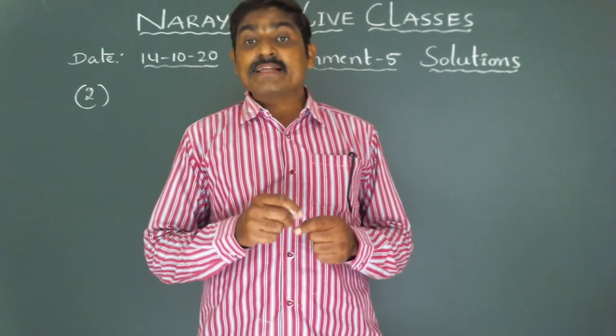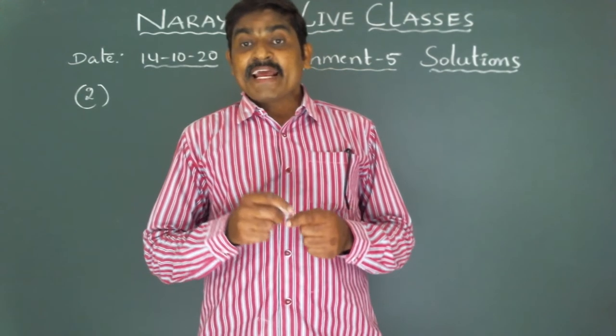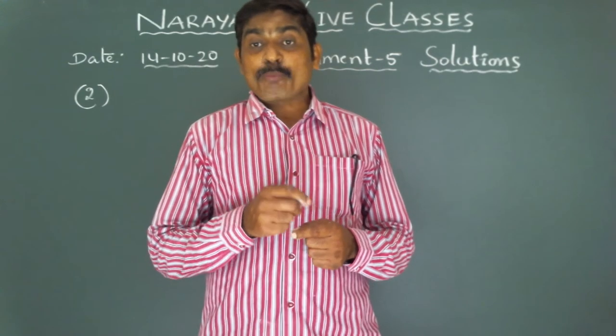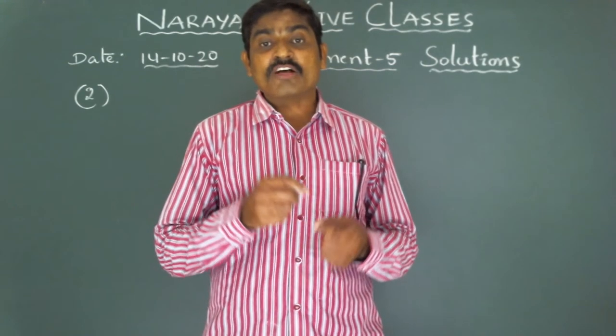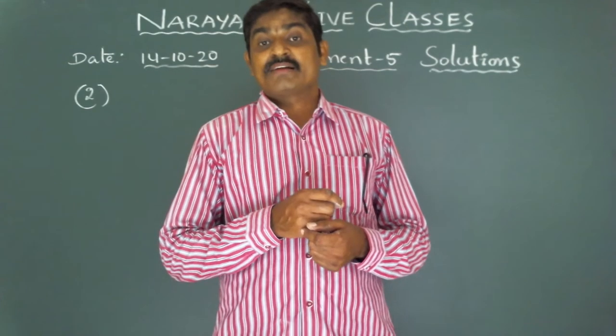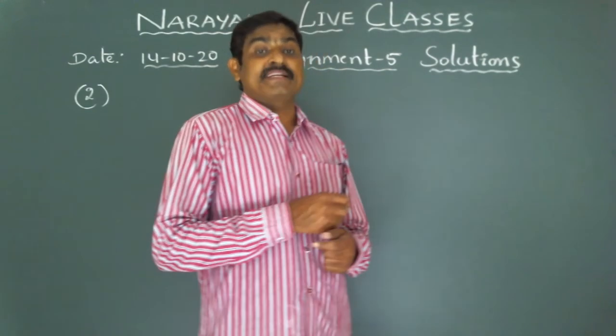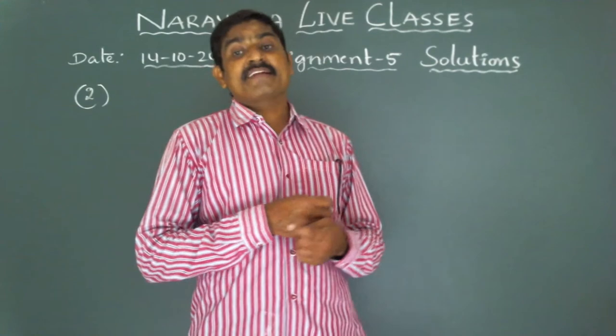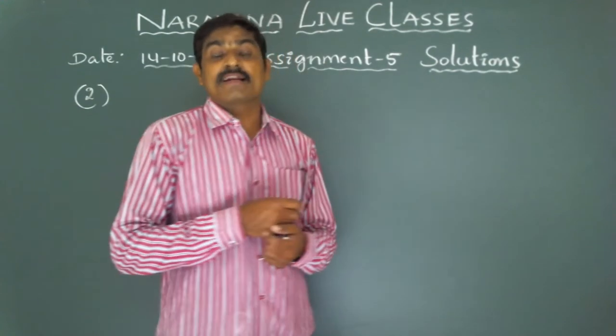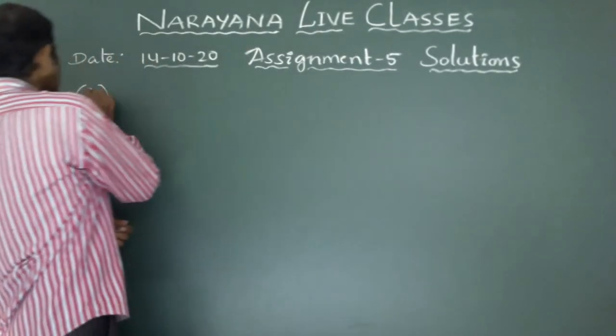Each of the students donated as many rupees as the number of students in the class. Then find the number of students. Here the total they donated is 2401.